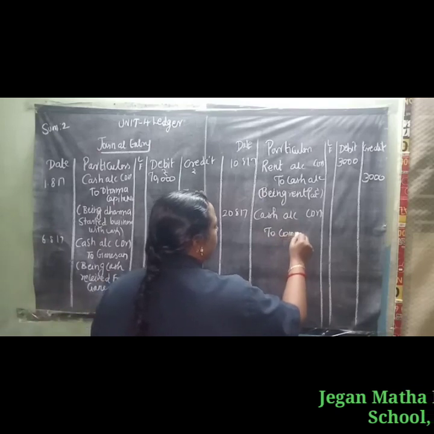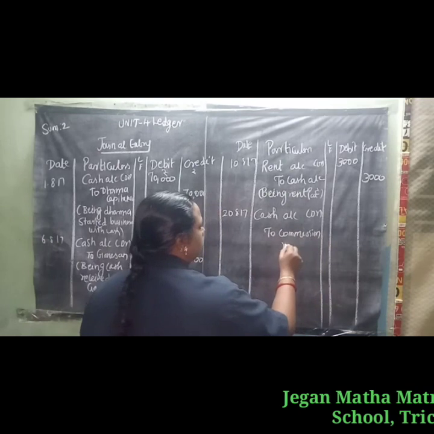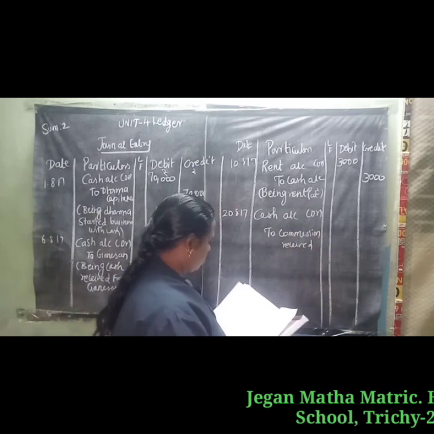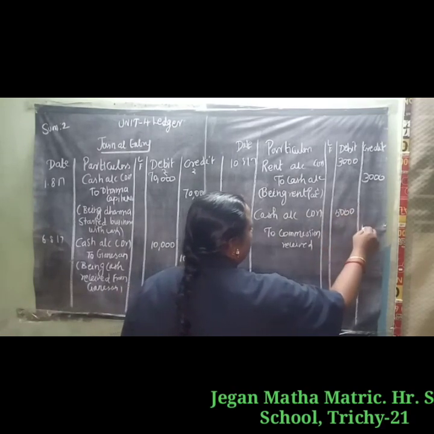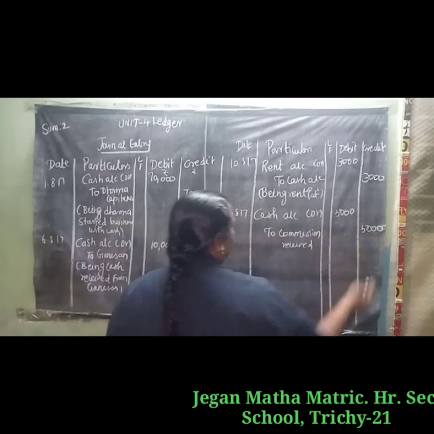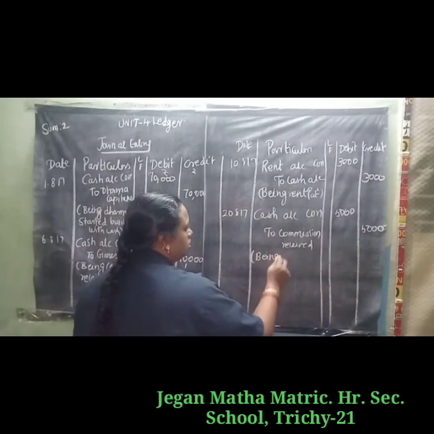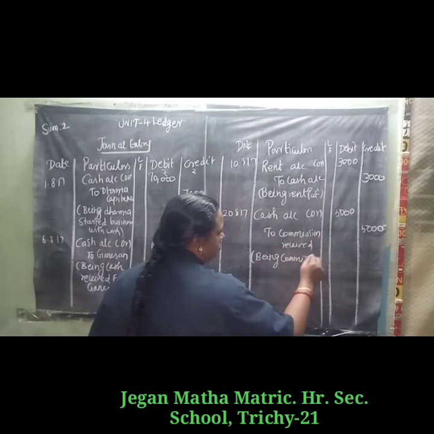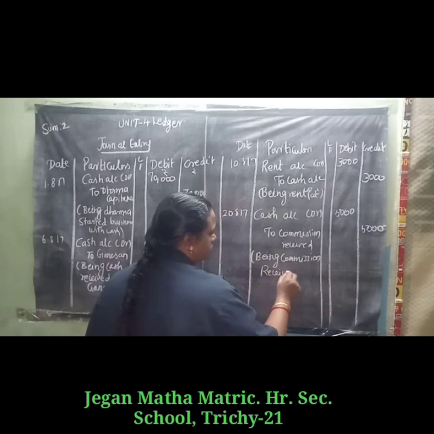All the incomes and gains go on the credit side, so we write on the credit side commission received. Amount 5,000. Being commission received from Anand.